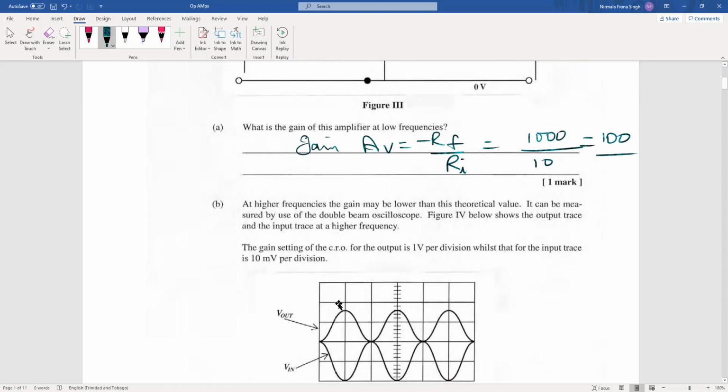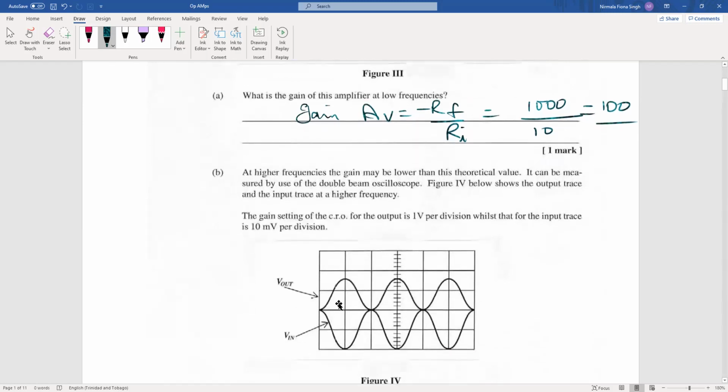So the next part, at higher frequencies, the gain may be lower than this theoretical value. It can be measured by use of a double beam oscilloscope here, right? Figure 4 below shows the output trace and the input trace at a higher frequency. So this is basically what you're just looking like, right? When we look at our in and outputs. The gain of the setting of the CRO is set for 1 volt per division.